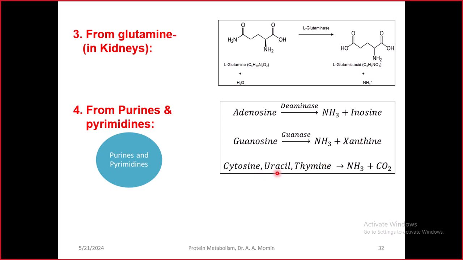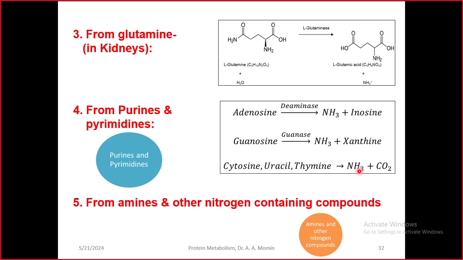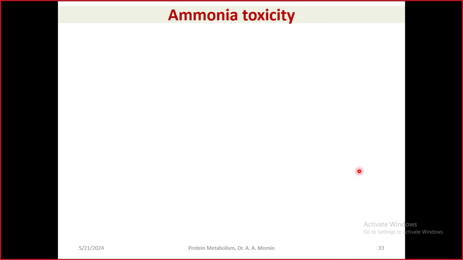In a similar way, pyrimidines undergo catabolism by the CPS2 enzyme and further reactions. Unlike the purines, where the end product is uric acid, the end product of pyrimidine metabolism is ammonia itself along with carbon dioxide. From amines and other nitrogen containing compounds also, like urea, ammonia is added to the body or to the blood.